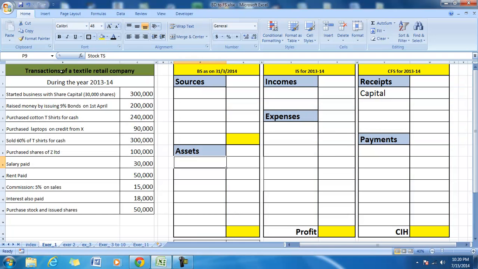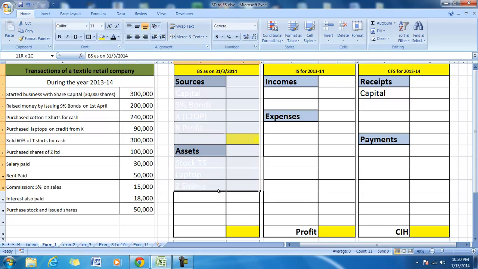So the business decisions are the transactions for a particular year, and in this case we are taking the transactions of a hypothetical textile retail company, and the transactions are for the year 2013-14. So we are taking an accounting period of 1 year.